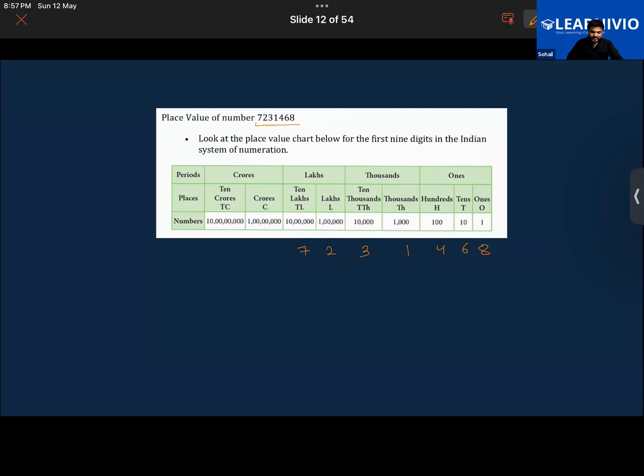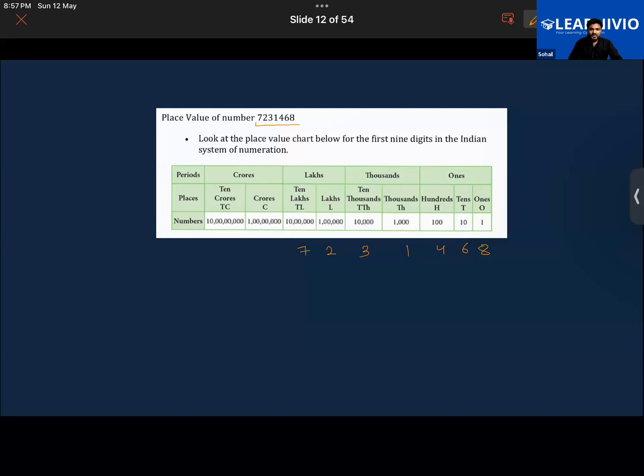In this manner, it becomes very easy to tell which digit holds which place value. Like 4 holds the place value of 100, 3 holds the place value of 10,000, and 7 holds the place value of 10 lakh. So that is a simple thing. I believe you guys already know about it.